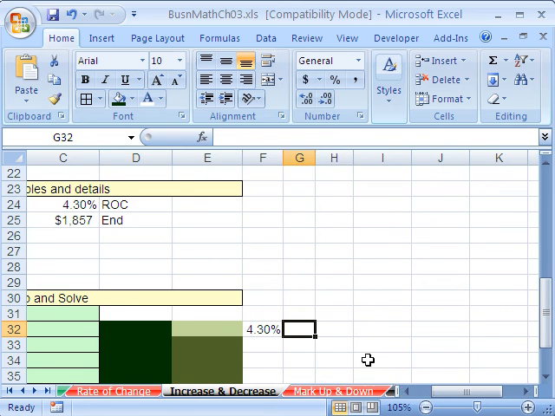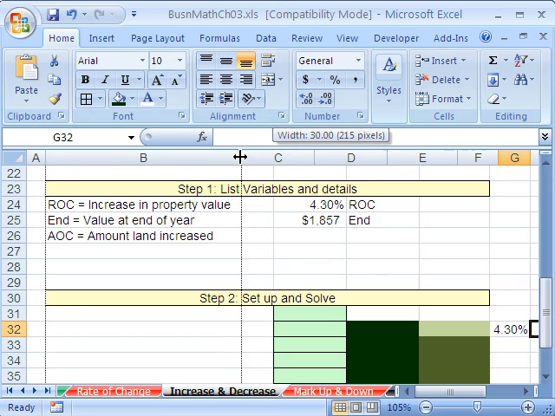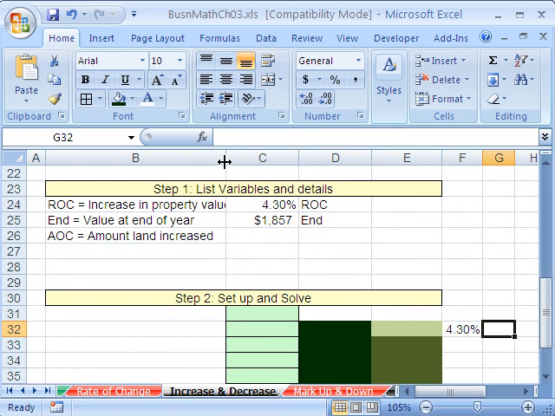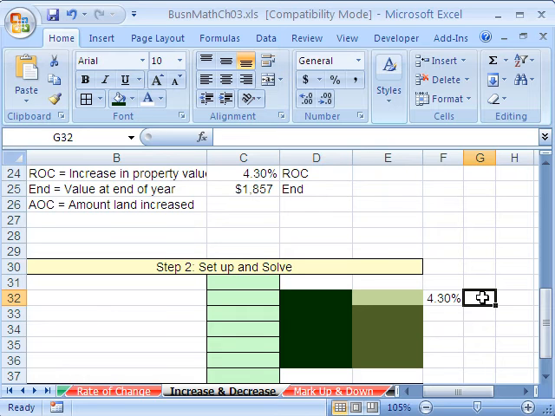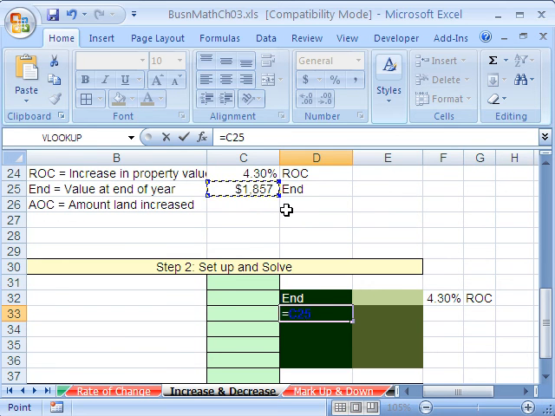This column right here is a little bit big, so I'm going to shrink this down. All right, and this is going to be rate of change. And we know this right here, this is our end. Notice that it comes up in white, equals that.